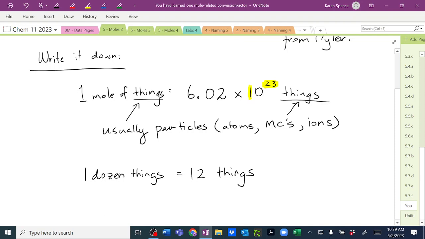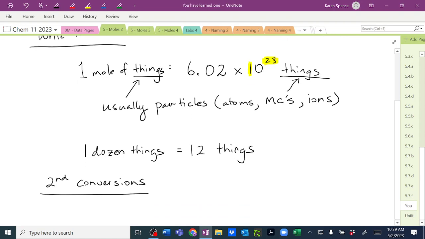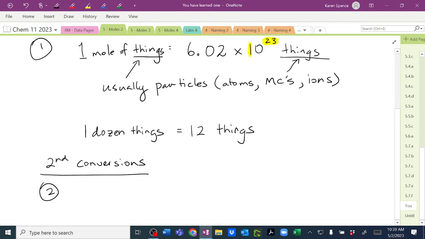Okay. We have a second conversion factor, and we did learn it yesterday. I don't think in this block that I gave it a name, but I did in my other 2 blocks. This is the first one, this is the second one. It's called the particle ratio.